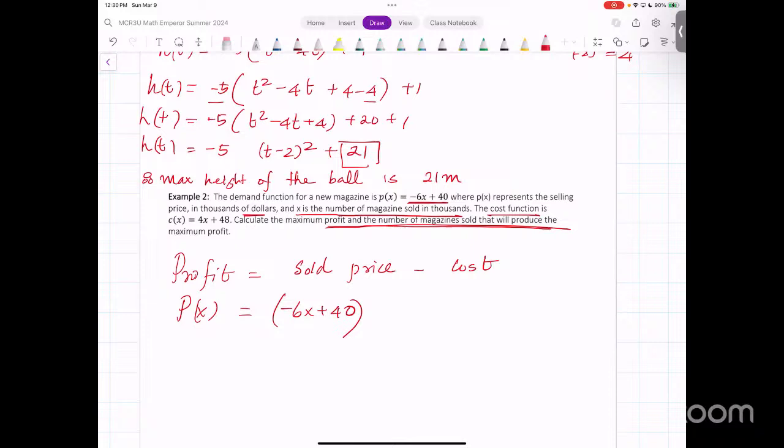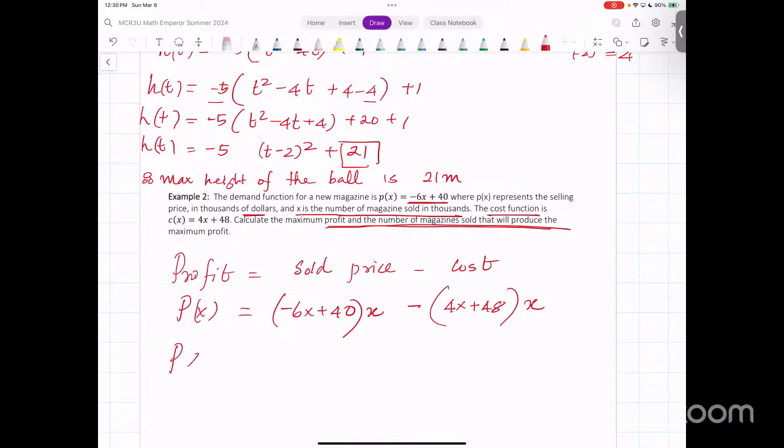To find out how much revenue I'm making, I need to multiply by x, the number of items I'm selling. The cost function is 4x plus 48, so minus the cost function, but I also need to multiply it by x, the amount of money I will spend to manufacture each. Are you following that picture?